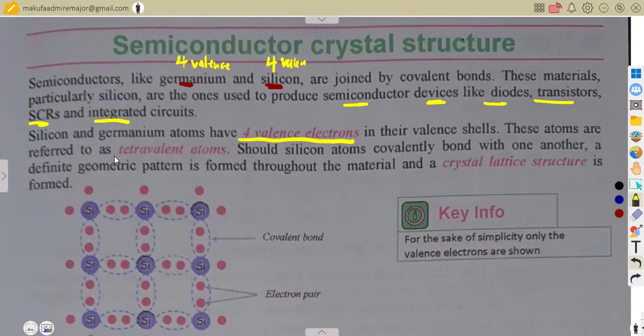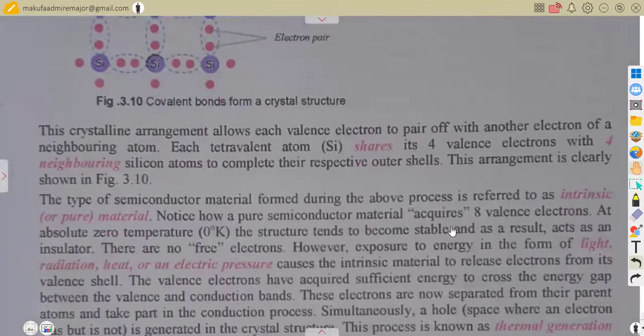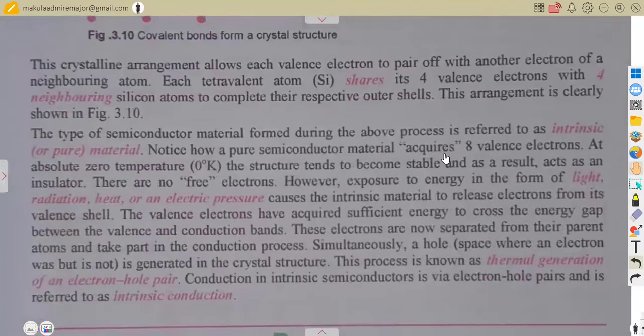That is the tetra, guys, remember tetra is 4. Tetravalent atoms. So please, guys, do revise as much as you can.